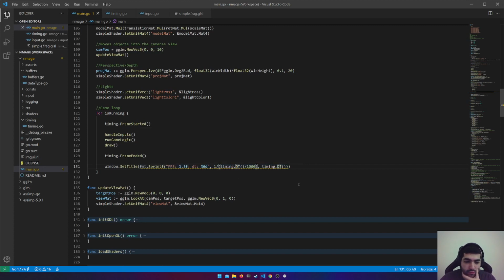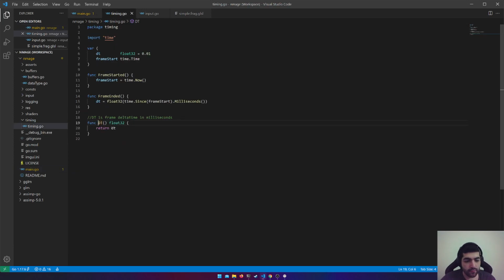Delta time, I think, shouldn't be a float. It's milliseconds, so we can cast. I mean, you can give the delta time in seconds, so no one has to divide themselves. Yeah, I think that would be better actually.